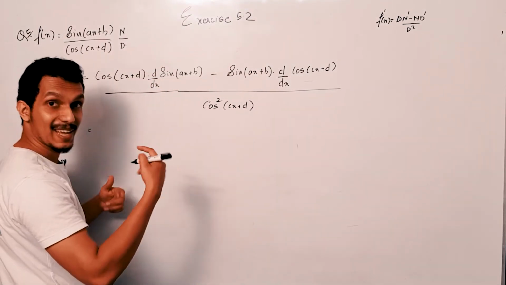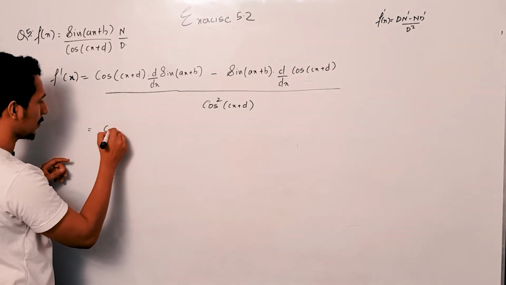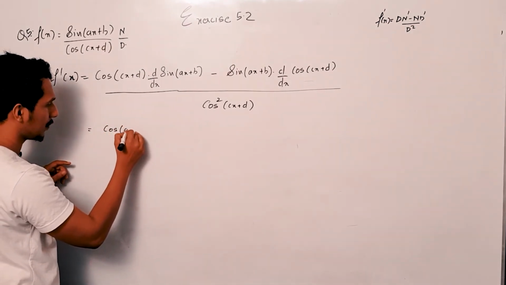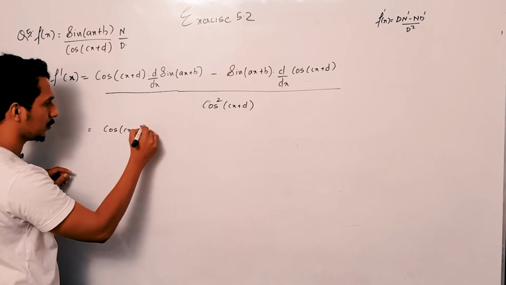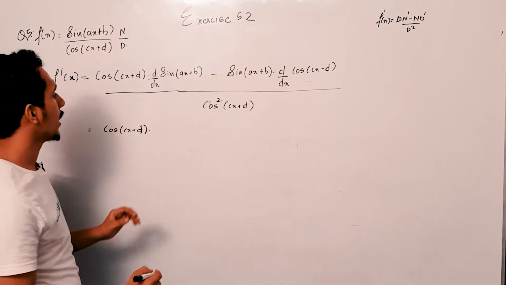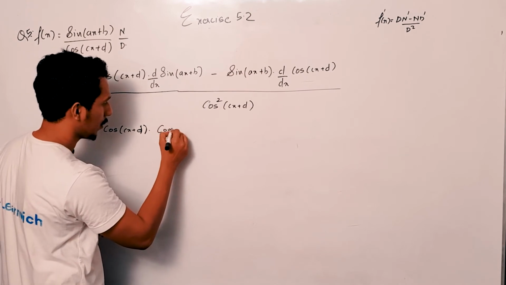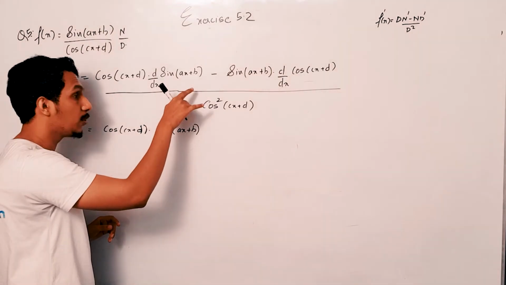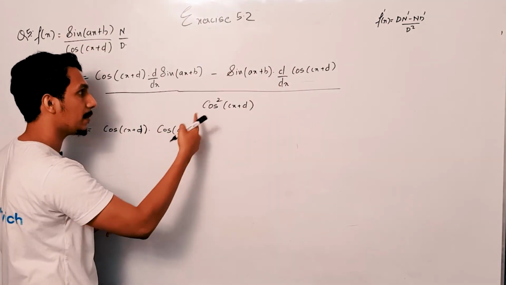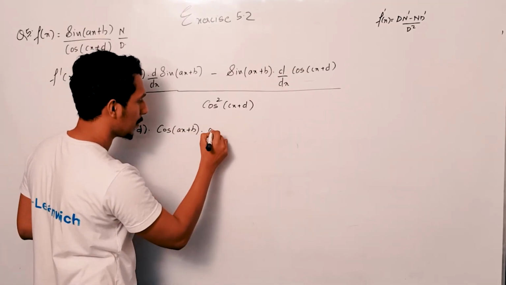Now let's find out. We have to write everything again. So that will be cos cx plus d into, what is d by dx of sin x? That is cos x, cos of ax plus b. Is the function finished? No, there is ax plus b inside, so d by dx of ax plus b will be a.